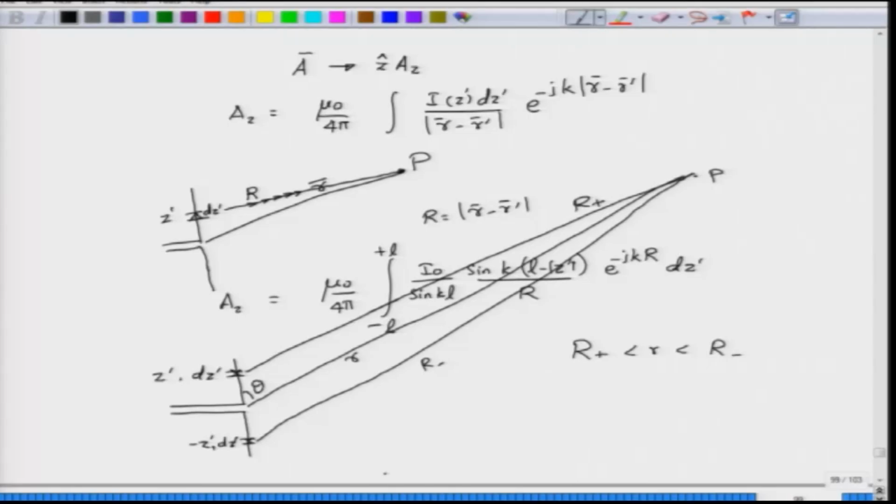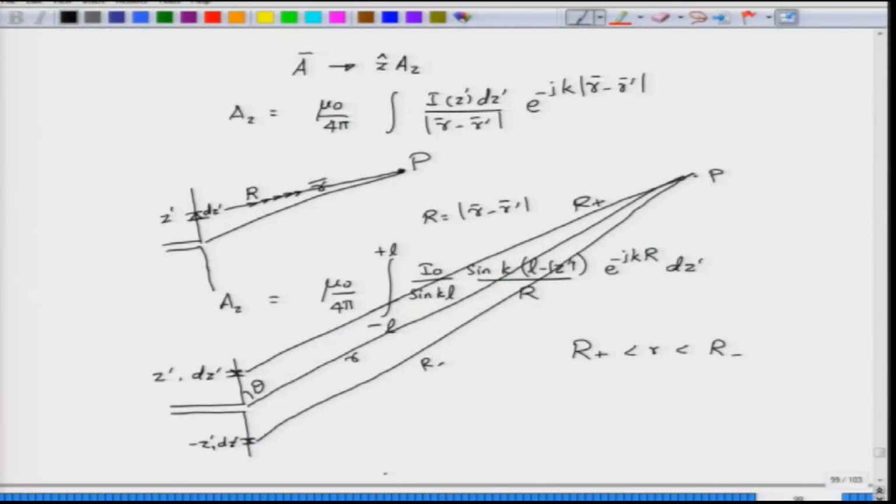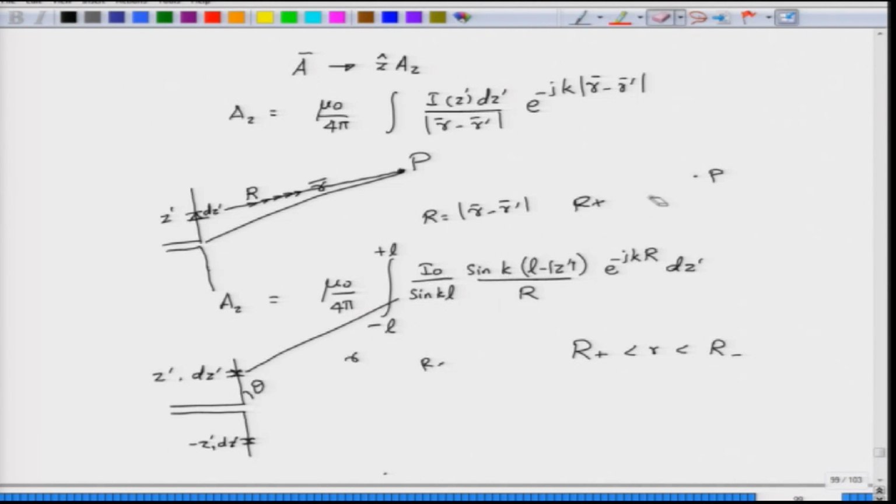So, if this is your antenna point, and this is the r, as you move the point P, the orientation will change. The orientation with respect to the z axis, which we will call angle theta, will change. So, calling this angle theta, which is the angle between the radial line from the origin to the observation point P and the z prime dz prime patch that we have considered, if you approximate these 3 lines R plus, R minus and small r by 3 parallel lines, you can simplify the analysis, and what you get is something like this.